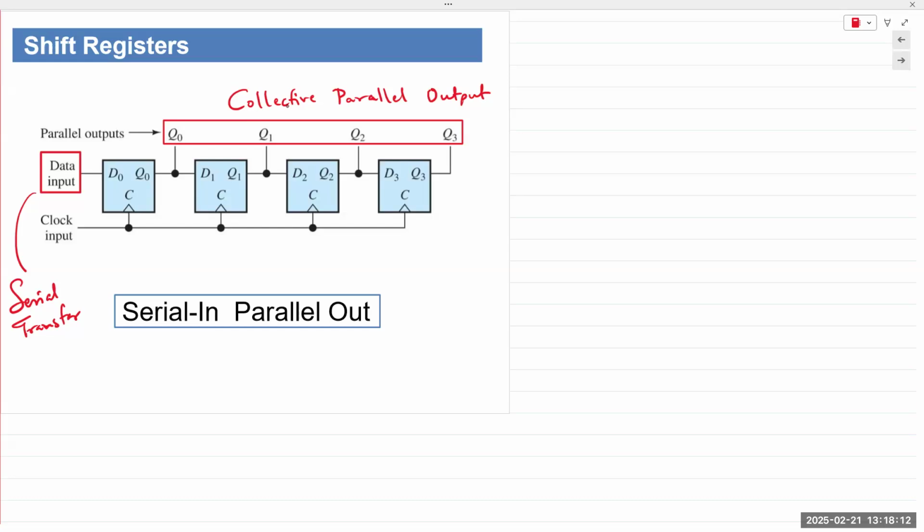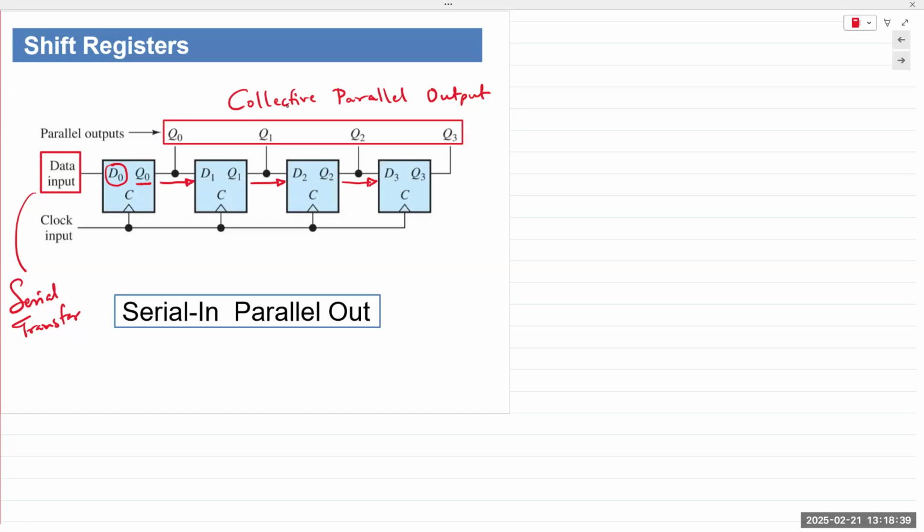So D0 is the first input, Q0 is the first output. The output of the first one is fed as input to the next. Output of the second one is fed as input to the third, and third goes to fourth. So Q0 and D1 are the same. Q1 and D2 are the same, and so on and so forth.